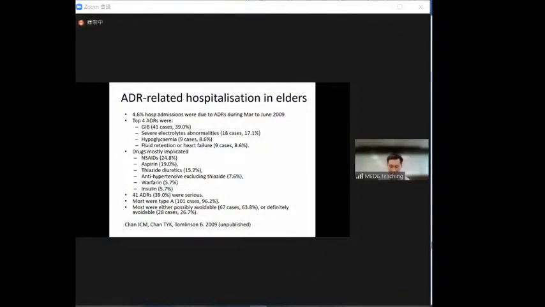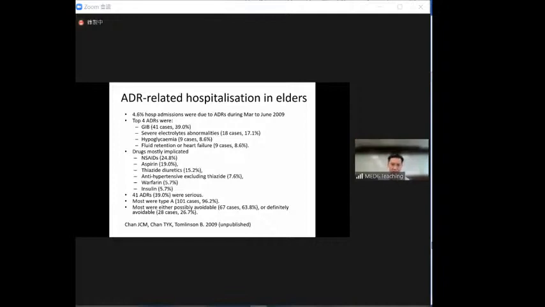Some of the adverse drug reactions are easily picked up, like gastrointestinal bleeding, electrolyte disturbances, hypoglycemia, and precipitation or aggravation of heart failure and fluid overload. They account for the majority of the adverse drug reactions that we discovered throughout the period of the surveillance. It was done in 2009.